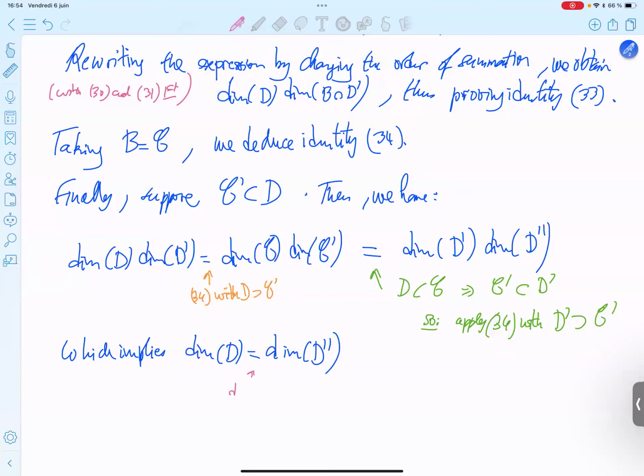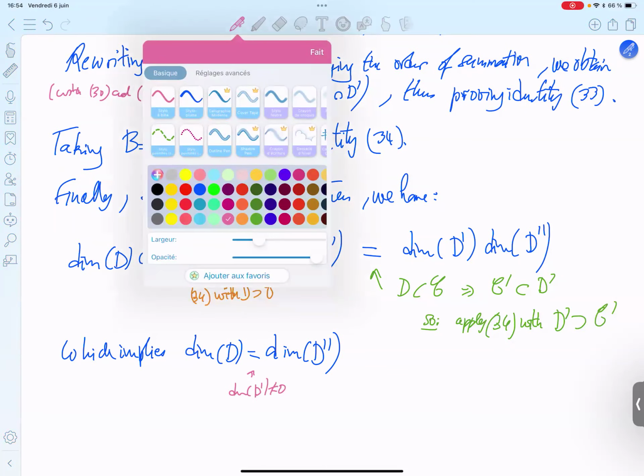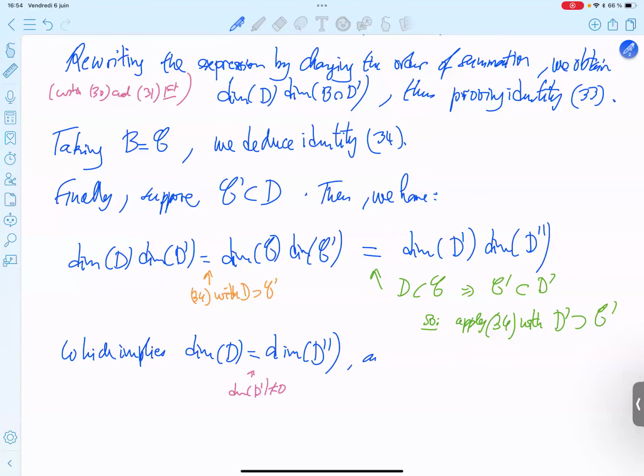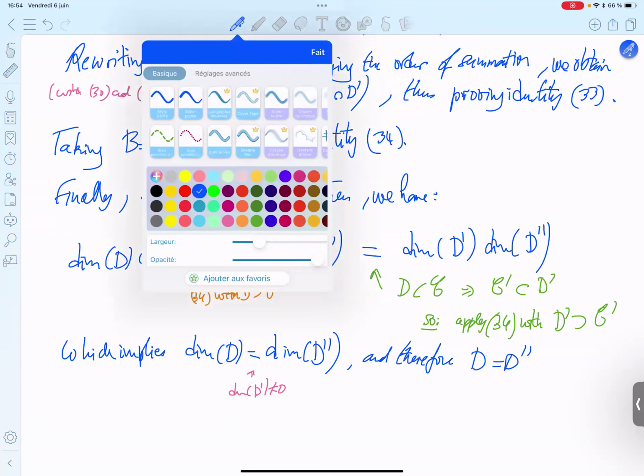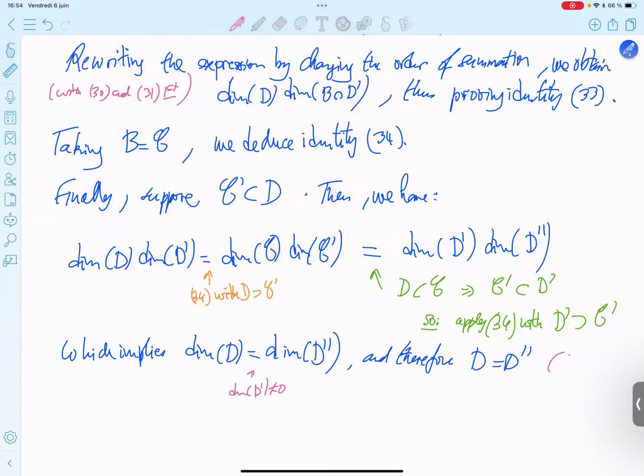So dimension of D prime is non-zero, and therefore D is equal to the double centralizer of D because it is included and of same dimension.